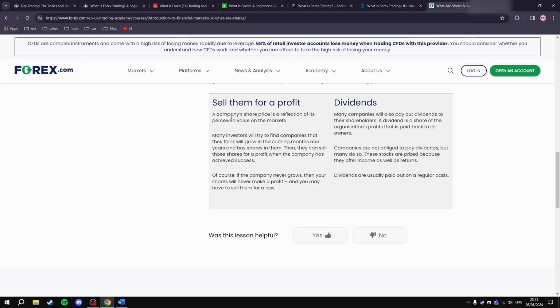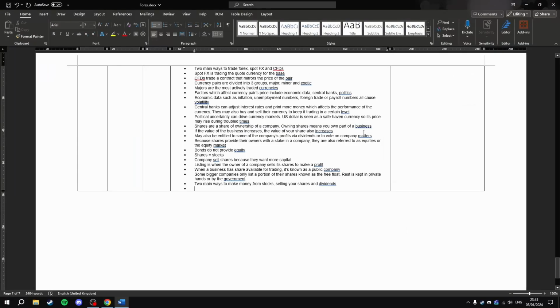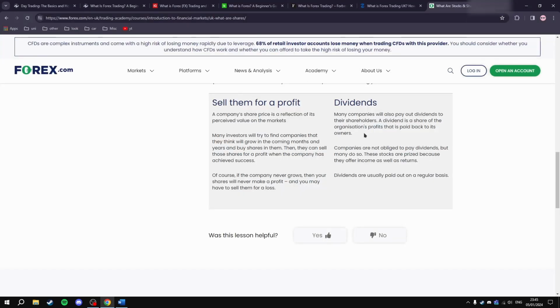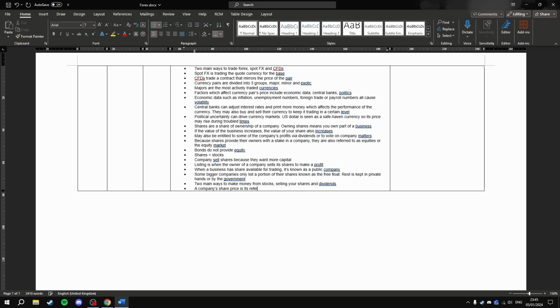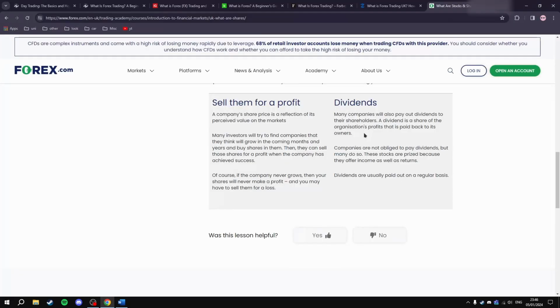A company's share price is a reflection of its perceived value on the market.